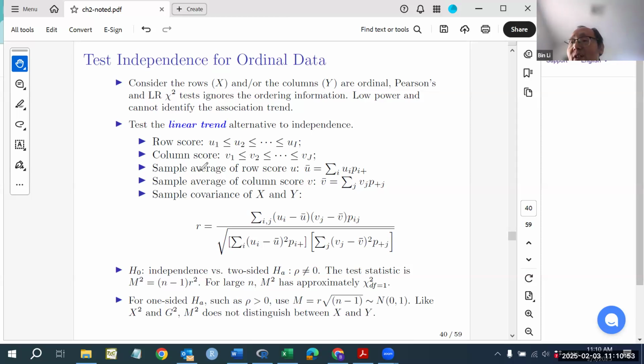A very obvious example is a one-sided alternative or a two-sided alternative. That's always a very interesting question for many statistics practitioners. Should we specify a one-sided alternative or a two-sided alternative?